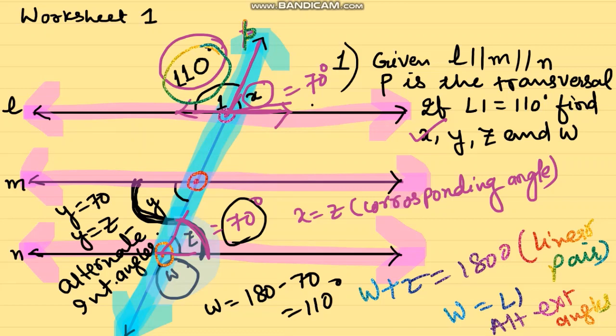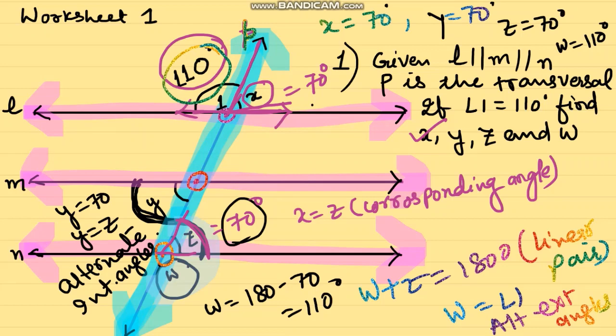So X is equal to 70 degrees. Then Y is also equal to 70 degrees. X equal to 70 degrees, Y equal to 70 degrees, Z equal to 70 degrees and your W is equal to 110 degrees.